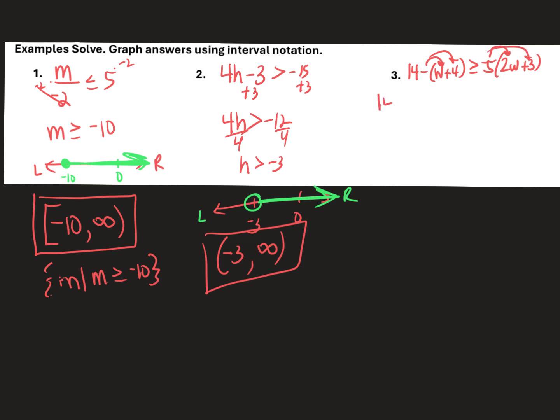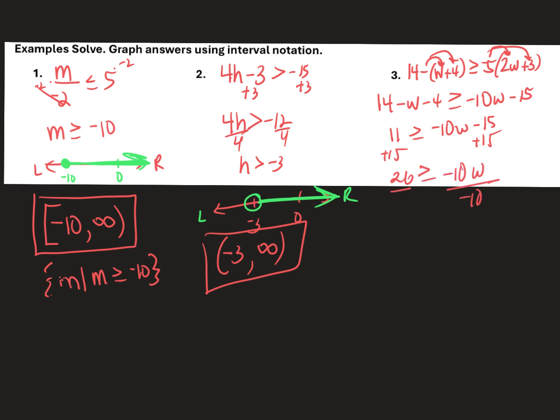So 14 minus w minus 4 is greater than or equal to -10w minus 15. 11 is greater than or equal to -10w minus 15. I'm going to add 15 to both sides. So 26 is greater than or equal to -10w.